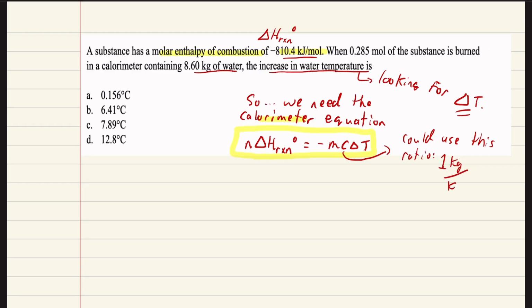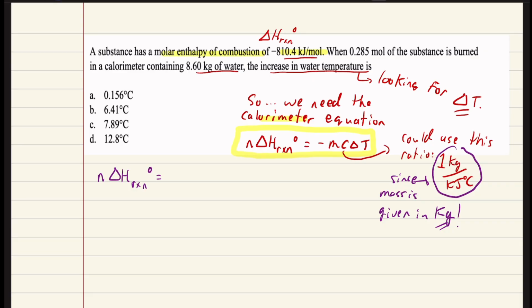And we could also use the ratio for the specific heat capacity, where 1 kilogram over kilojoules per degree Celsius instead of joules over degree Celsius. And this is because we give you the mass in kilograms and we give you a molar enthalpy of reaction in kilojoules per mole.